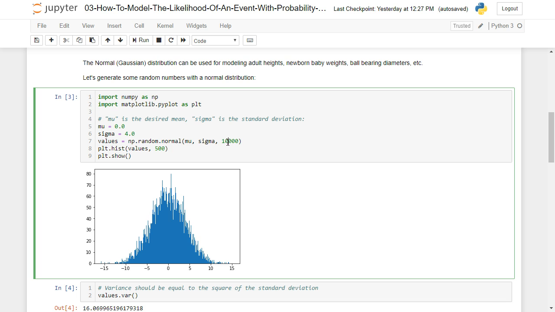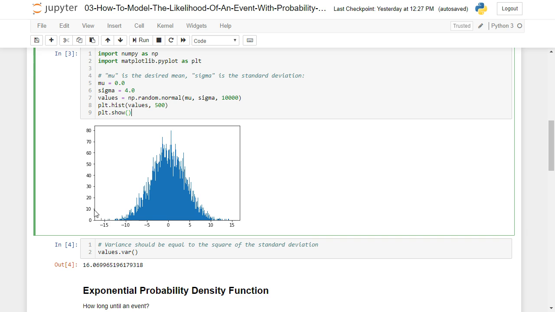We're going to generate 10,000 values and plot a histogram across 500 buckets to see how that looks. And as you can see, it's generating here what has traditionally been described as the bell curve, right? Because it looks like a bell. And that's the normal distribution.